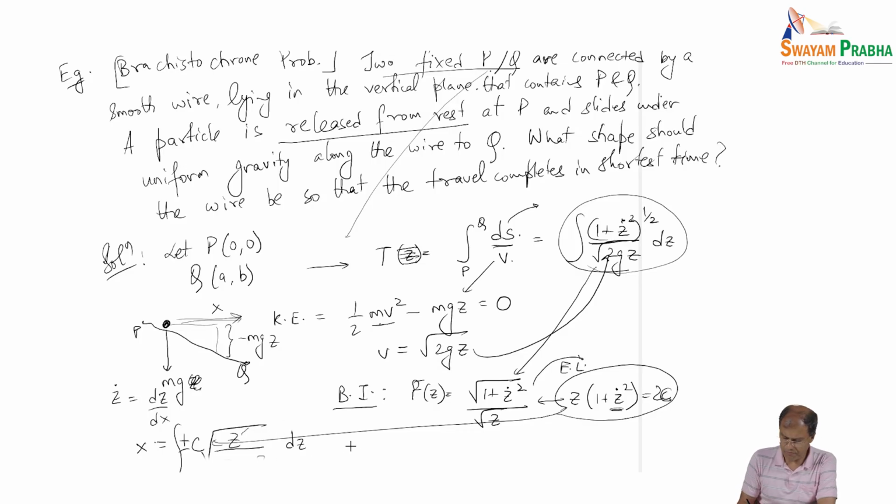Say, for example, we use z equal to c times (1 minus cos psi), right? And what we see is that x is given by plus or minus c times the integral of square root of (1 minus cos psi) over (1 plus cos psi), since z is 1 minus cos psi and 2c minus z is 1 plus cos psi, and dz is going to be sine psi d psi, right?